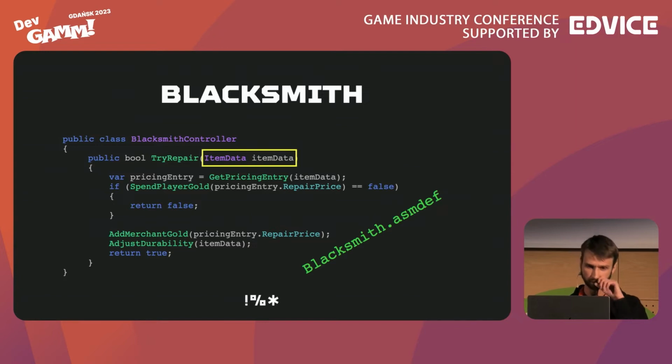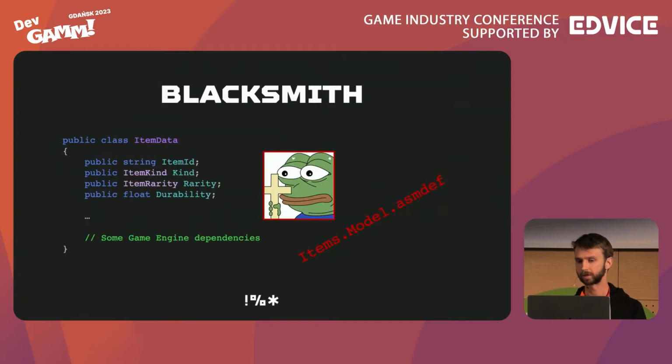So the first problem in this method is that it also depends on item data. And we could do the same trick like we did with enums, but for the sake of some exercise, let's say that this item data has some really badly written dependencies that we don't want to move. Let's say it depends on some gameplay state or something, and we don't want to touch this class.